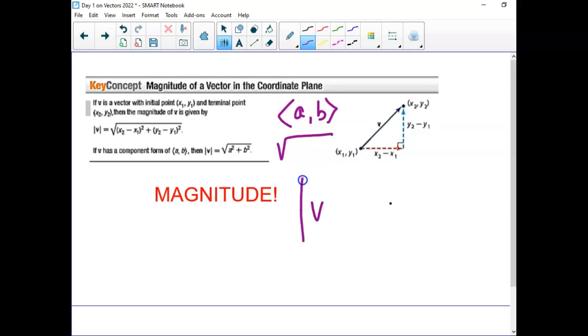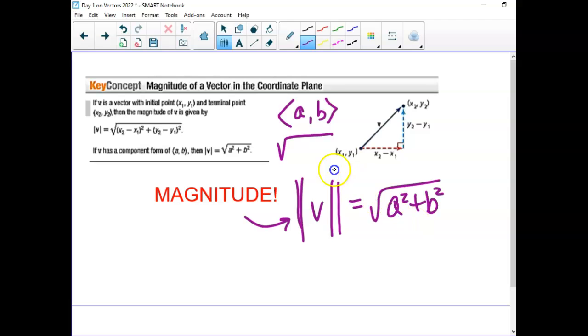Now, magnitude, they write with absolute value symbols, or some things use double absolute value symbols. I think in Delta Math they use the double absolute value to indicate magnitude or length, but it just means you're going to do a squared plus b squared from the components. Everybody see that right in there?